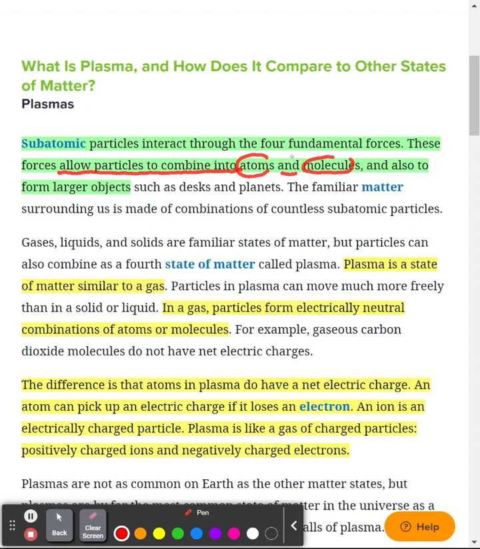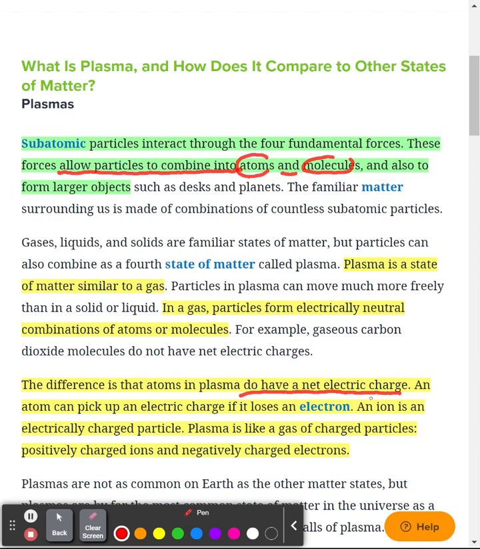Third paragraph. The difference is that atoms in plasma do have a net electric charge. That's the important difference. Okay. So plasmas are a state of matter similar to gas.